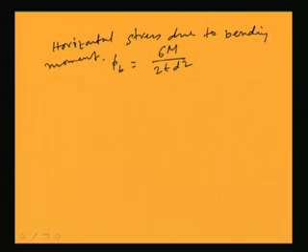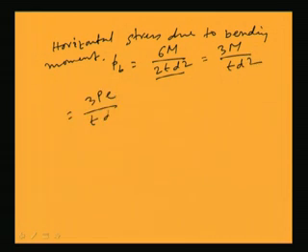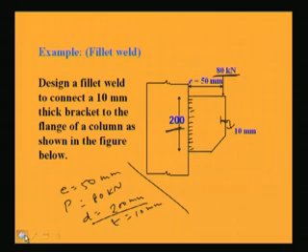Okay. 6 M by T D square, and for two sides that is 2 T D square. Okay. That means 3 M by T D square. That means 3 P E by T into D square. Now, if we put the value, P is 80 kilonewton, E has been given here, that is 50 mm.